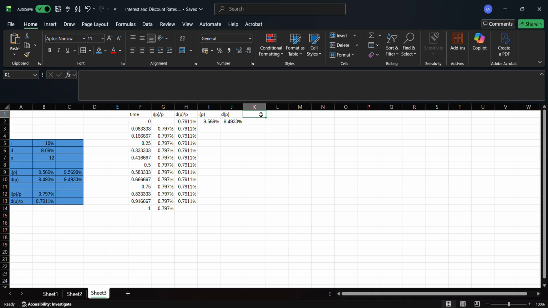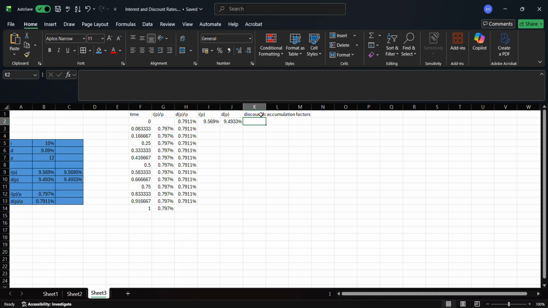Now the more tricky relationship. I'm going to add something called a discount factor. I'm going to create a column for discount factors, and another one for accumulation factors.